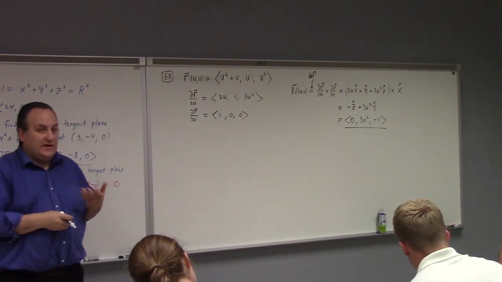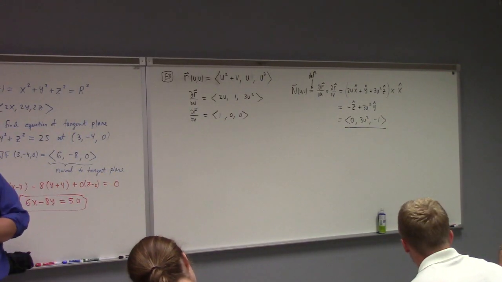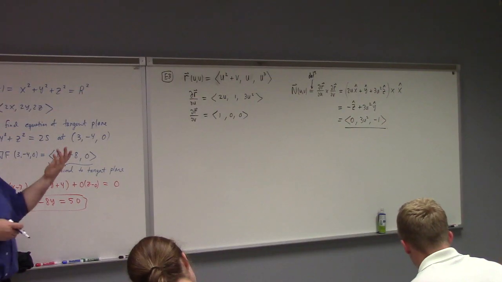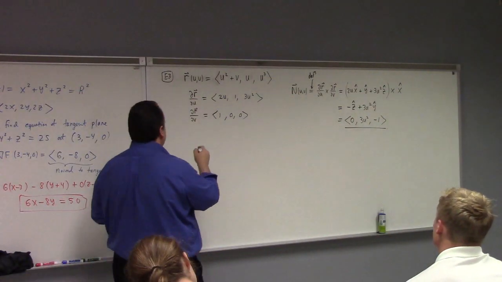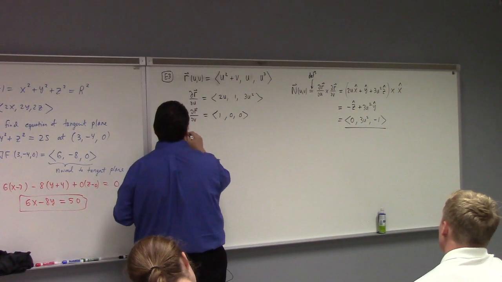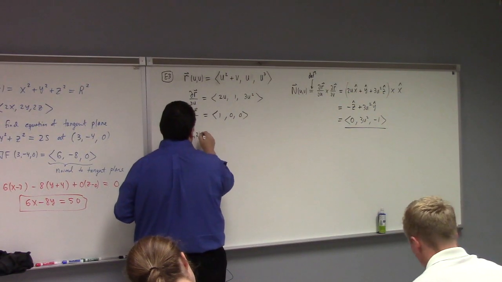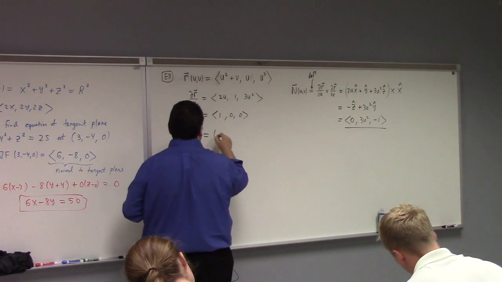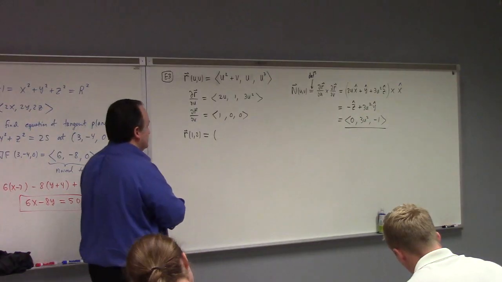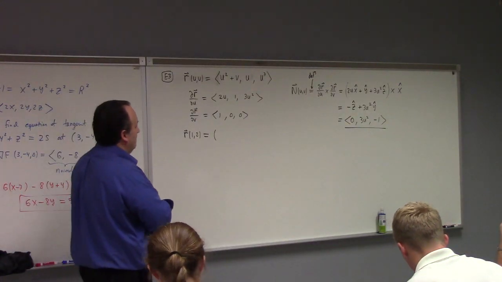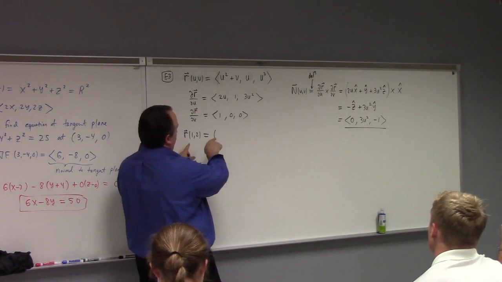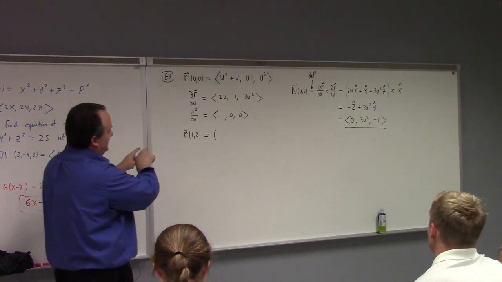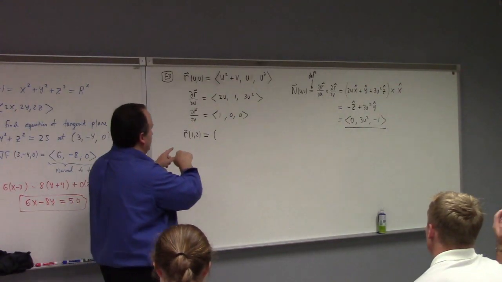So if I want to find the equation to the tangent plane at a point, I need a point. What point do you guys want? 1, 2. 1, 2? So r of (1, 2) is what? One squared plus 2.